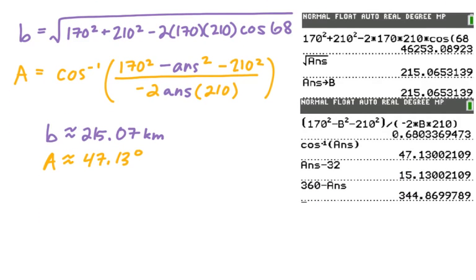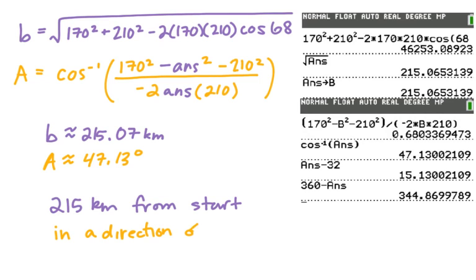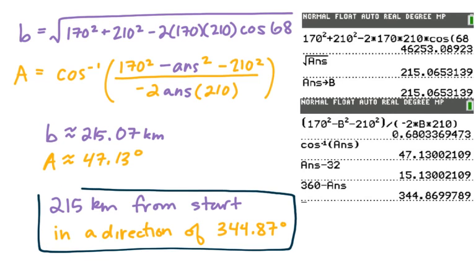So that means we are 215 kilometers from the start or the point of origin, and we are in a direction of 344.87, I'll round, degrees. And so that, ladies and gentlemen, friends of all kinds, is our final answer.